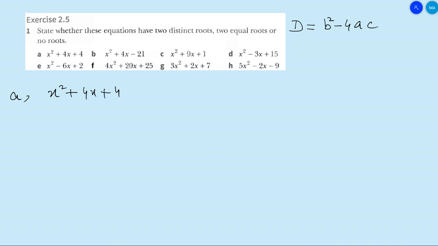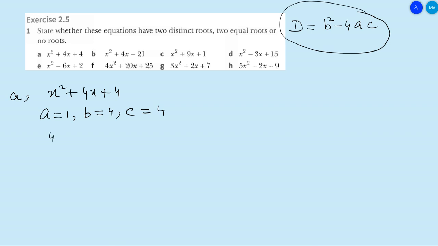x square plus 4x plus 4. Here a is 1, b is 4, c is 4. Put these values of a, b and c in the formula of discriminant. b square, 4 square, minus 4ac. 4 square is 16. 4 ones are 4, 4 fours are 16, 16 minus 16 is 0.